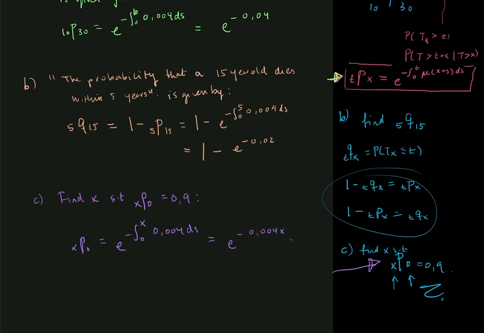So this is equal to 0.9 if and only if, let's see, what can I do? I can take the log on both sides, right? So if and only if 0.004x is equal to the minus log of 0.9.